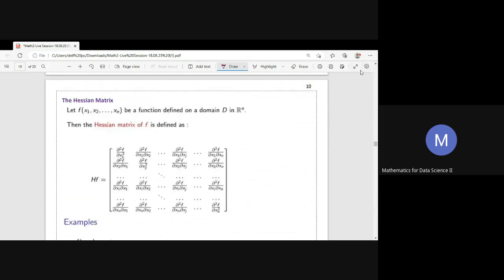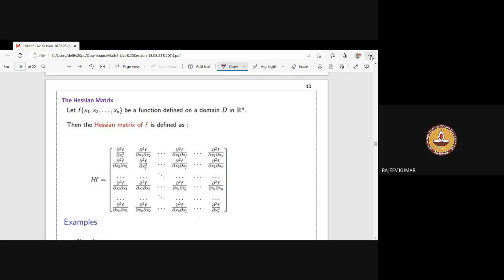What are Hessian matrices? Why do we need this Hessian matrix? In the case of one dimension, when you know the critical points, how do you find whether the critical point is a local maximum or minimum? With the second derivative. You use the second derivative test.